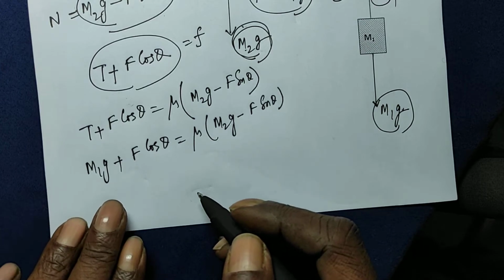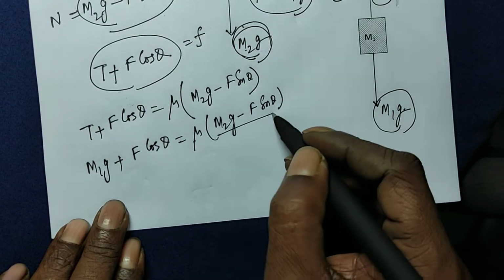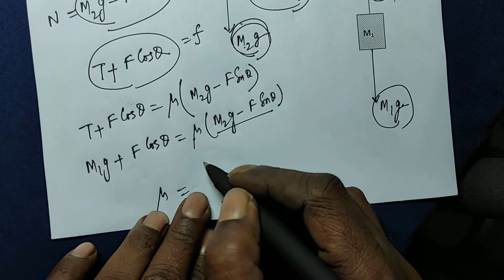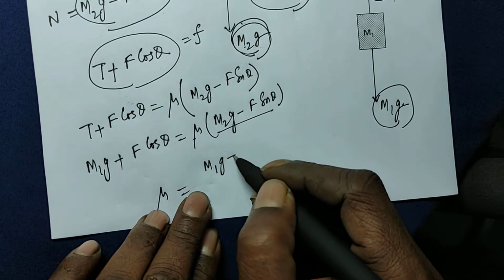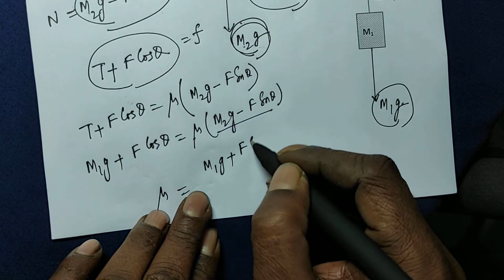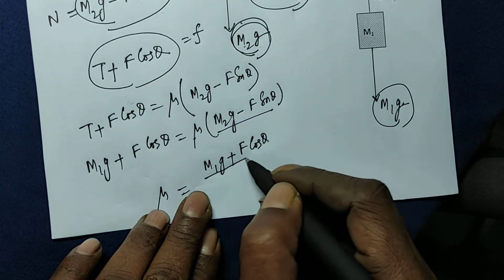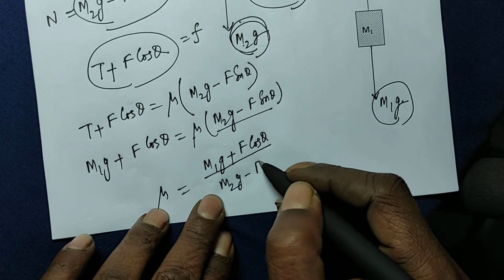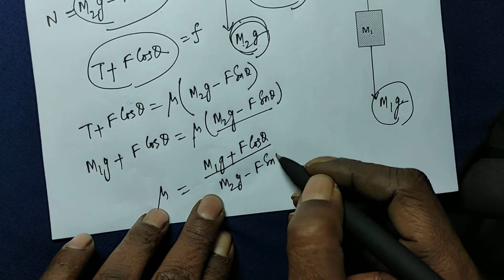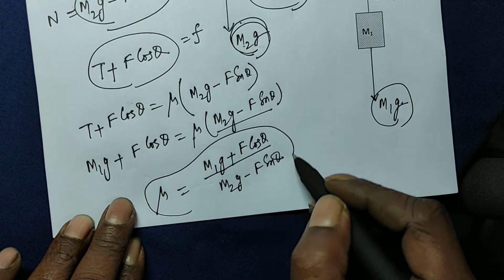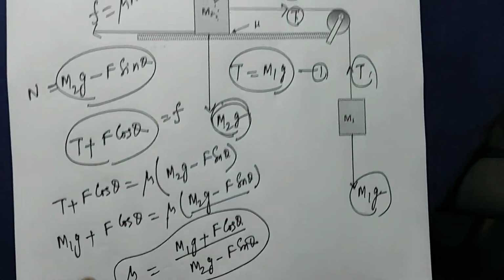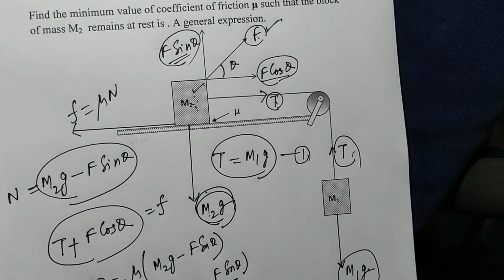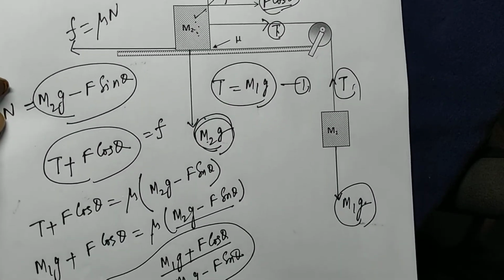If you are asked to find out mu, then bring this term to the left hand side. So your mu becomes (M1g plus F cos theta) over (M2g minus F sin theta). So for this value of mu between M2 and the surface, M2 does not move towards right, right?